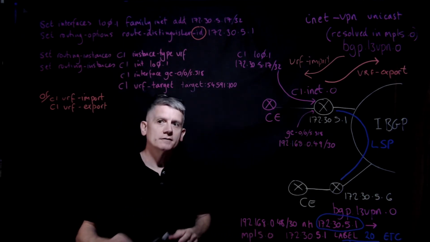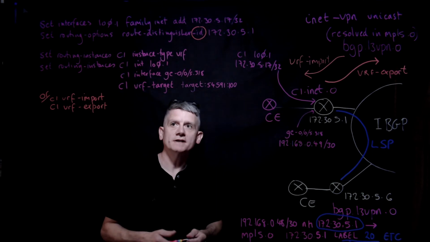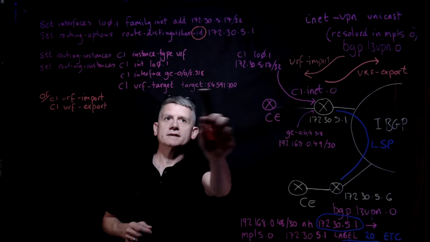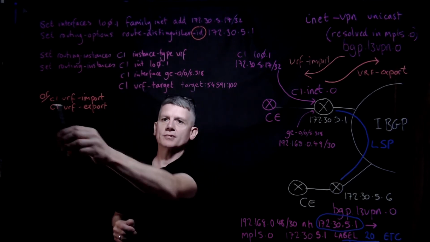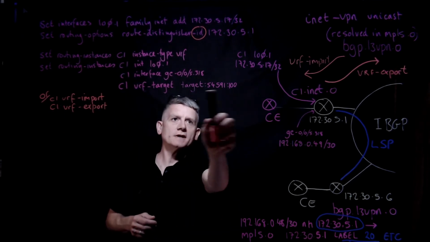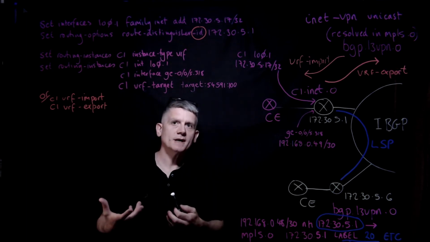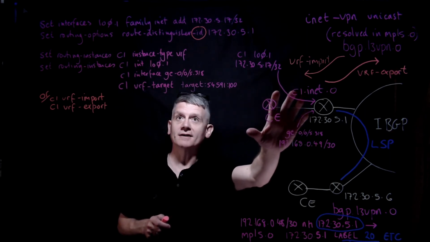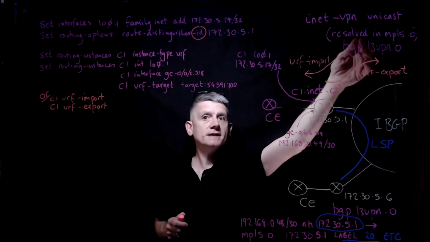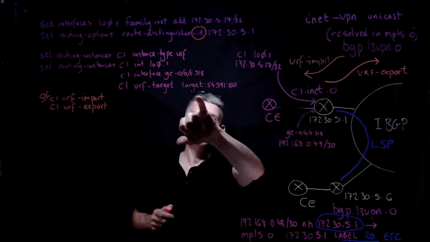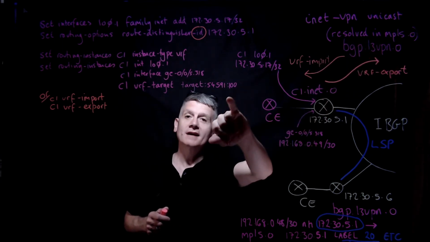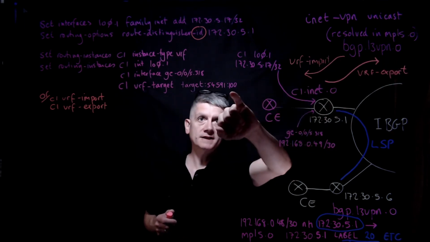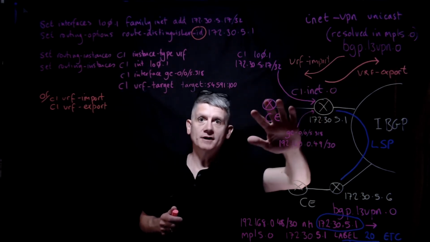Okay, so the simpler way to do that, but less featured, is to just place the target into the interface here. So this is an alternative. You can see I've put OR here. So with the target here, this is going to automatically take your routes from your VRF, push them into the L3VPN table, mark the community on them, and then automatically search the BGP L3VPN table for this target community and re-import them back.